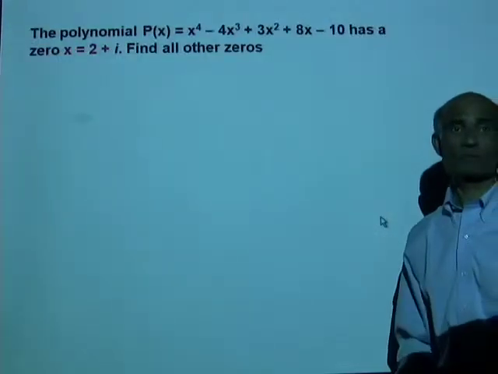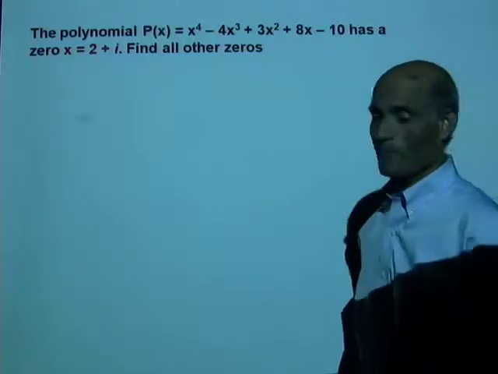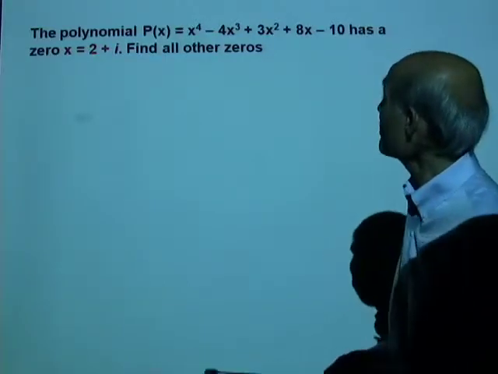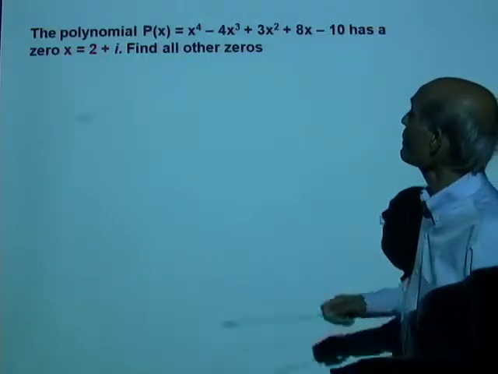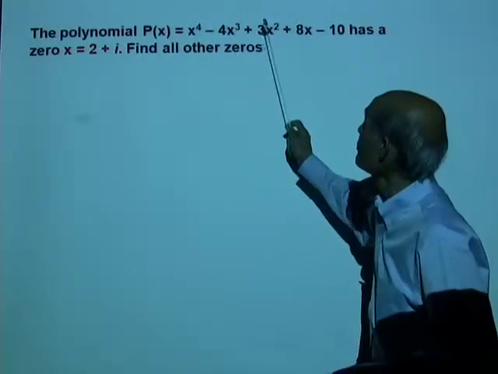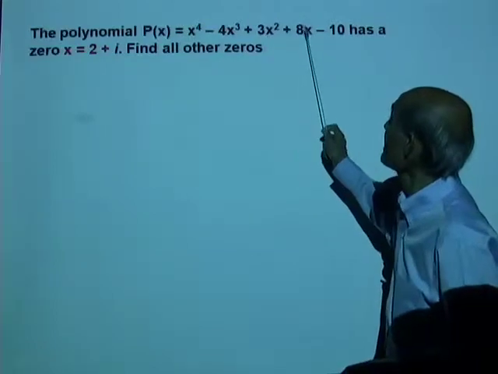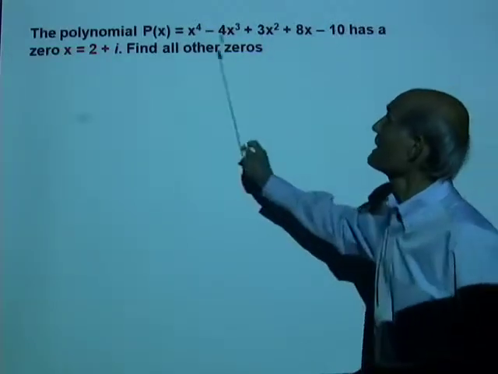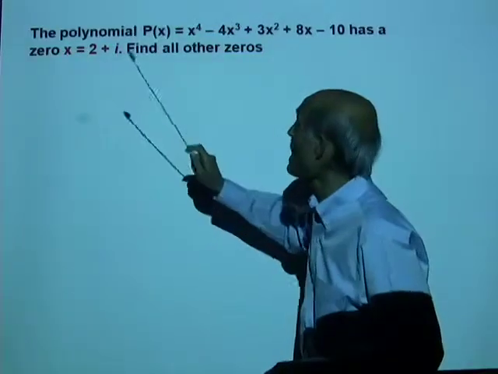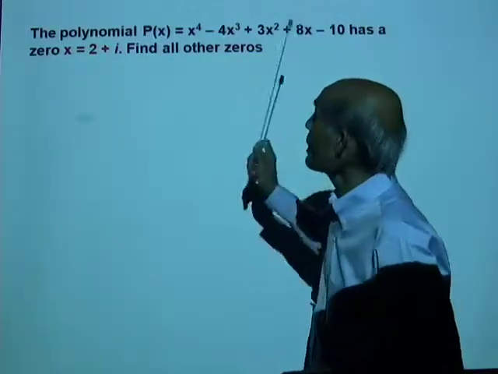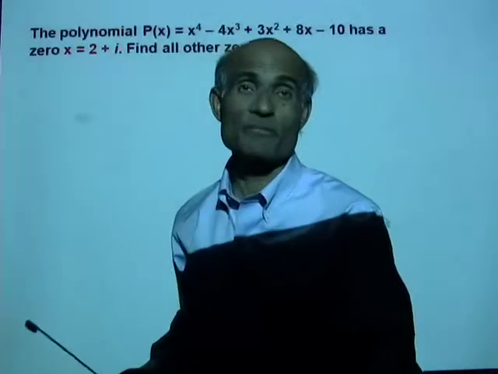All right, another one. The polynomial p of x equal to x to the power of 4 minus 4x cubed plus 3x squared plus 8x minus 10 has a zero x equal to 2 plus i. Find all other zeros.